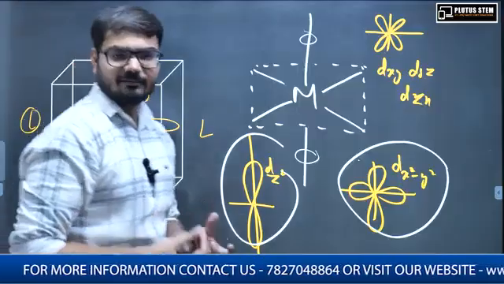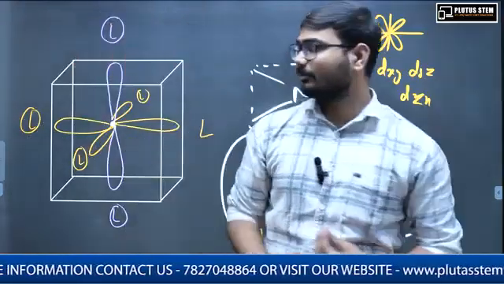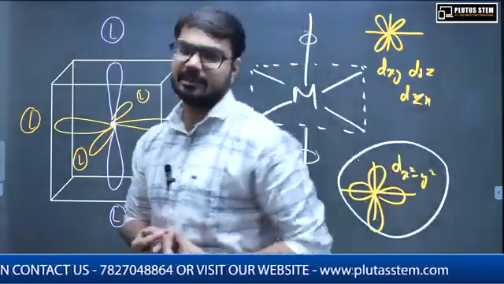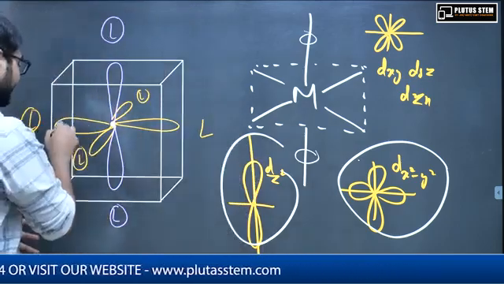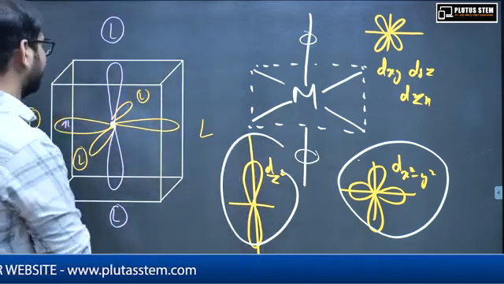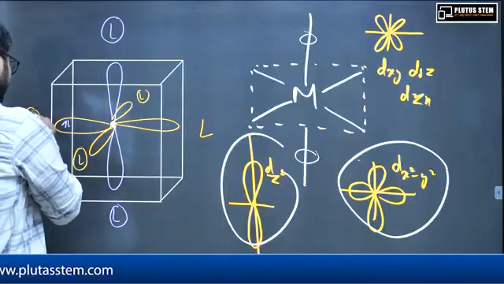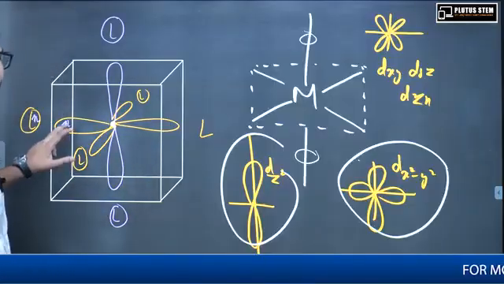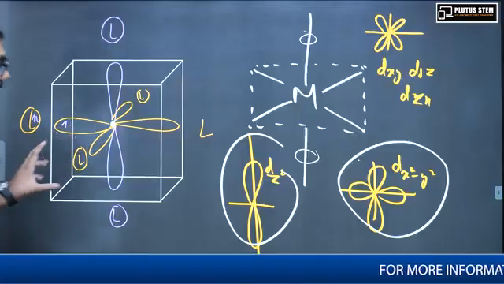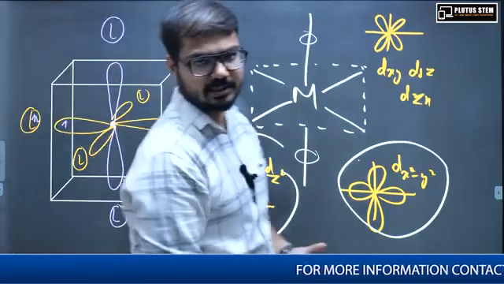Now since CFT considers that the bonding between the metal and the ligand is 100% ionic, the entire process will be governed by the electronic repulsions happening between the ligand and the metal. The metal possesses some electron density, and ligands are also carrying negative charge density.